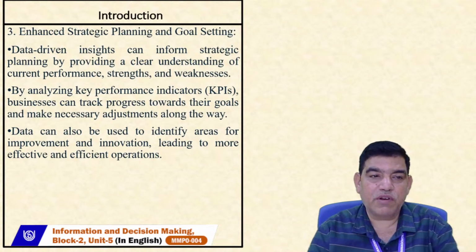How to achieve our goal? By analyzing key performance indicators, businesses can track progress towards their goals and make necessary adjustments along the way. Similarly, data can also be used to identify areas for improvement and innovation, leading to more effective and efficient operations.